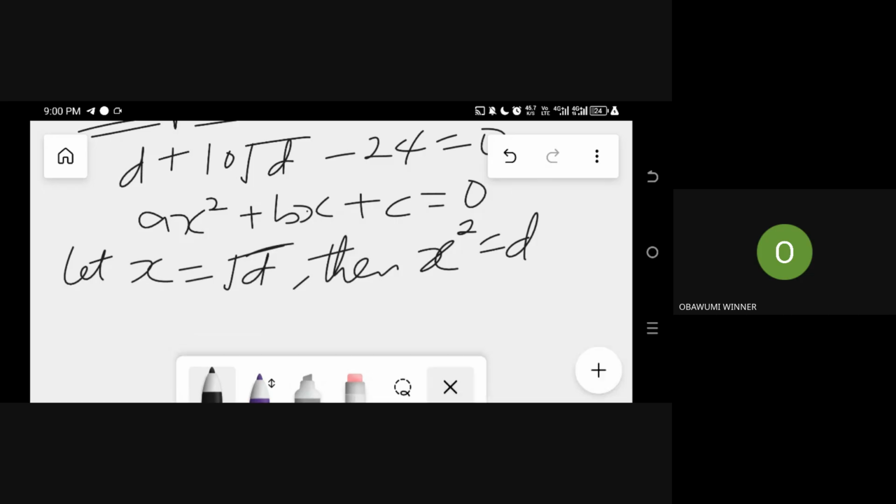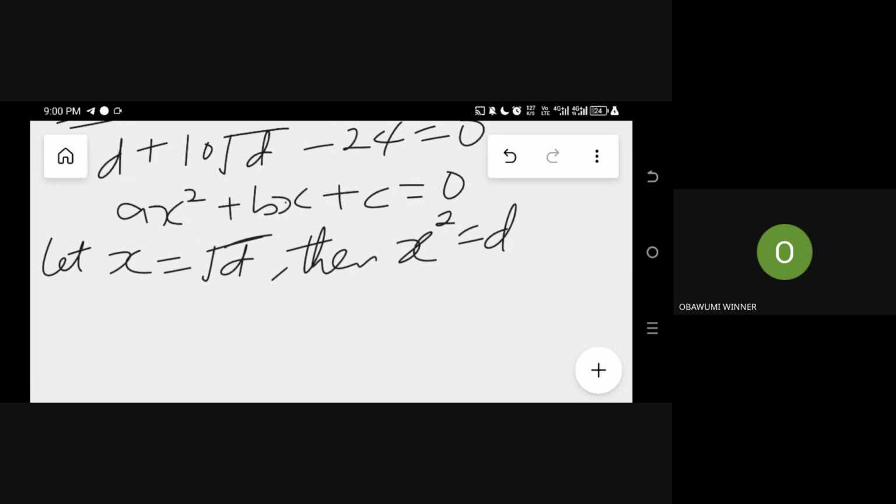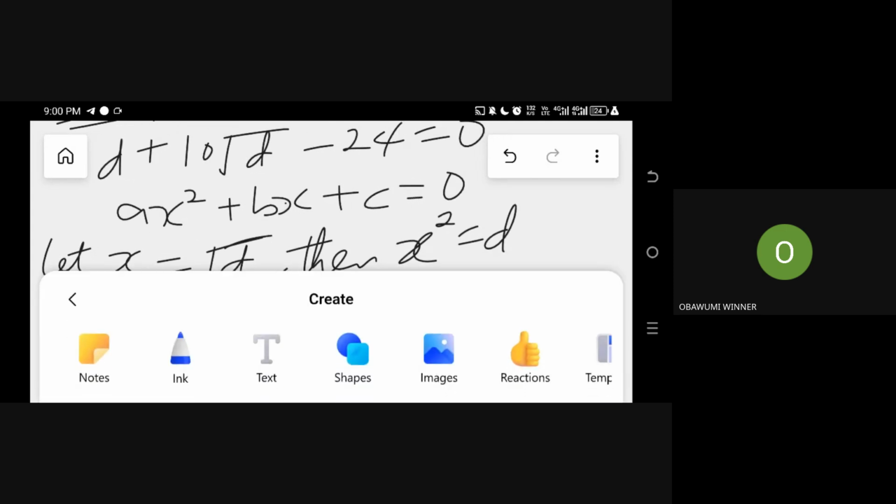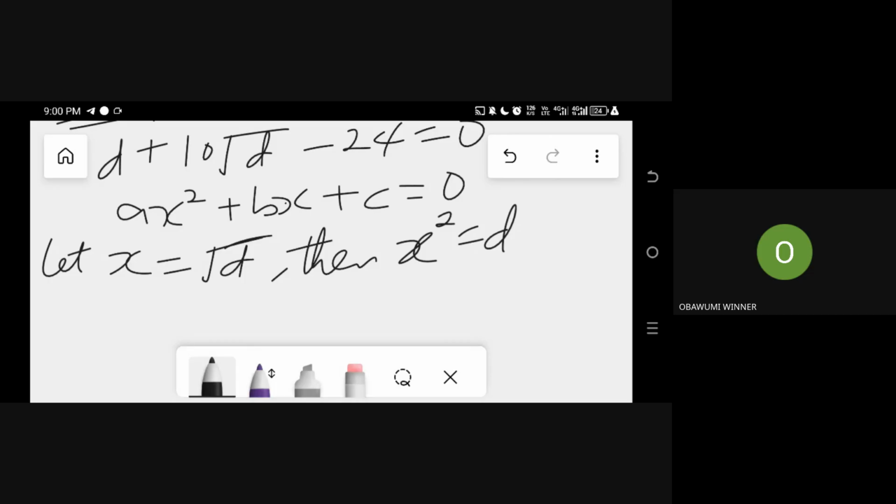And if you have that, then you can now substitute it into that equation. That D you're seeing there, since you said S squared is equal to D, is now S squared, plus this 10 root D. You said root D stands for S, that's S is equal to root D. So S squared plus 10S, minus 24 equals 0.